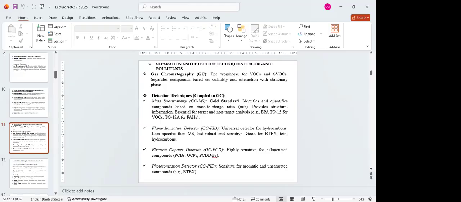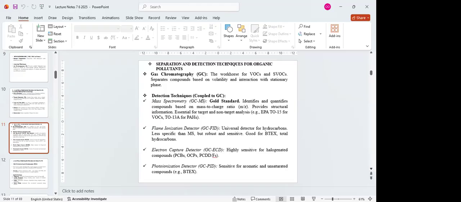The GC makes use of the presence of the material in its gaseous state, and is used for organic pollutants that can be placed in their gaseous states without denaturing them.